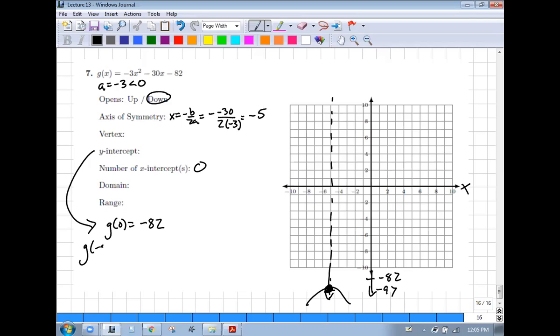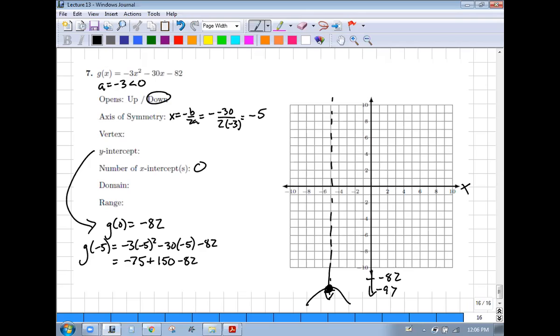If I plug in a negative 5, I get negative 3 times a negative 5 squared minus 30 times a negative 5 minus 82. Negative 5 squared is 25 times a negative 3 is a negative 75. This is it. 30 times 5 is not 60. It's 150. So there was my error.